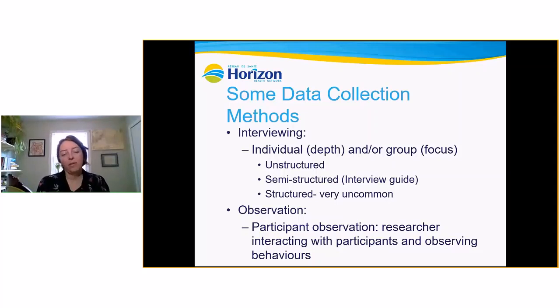But there are ways of connecting with people from a distance as well. In person is obviously preferred because what you're looking for there is a rapport between the person giving the interview and the participant.